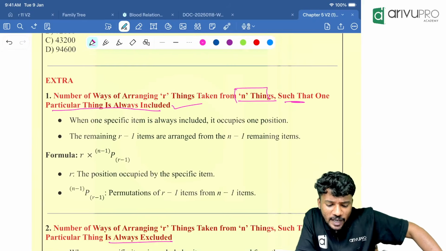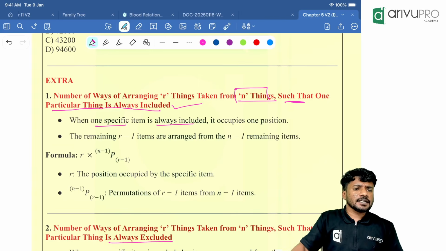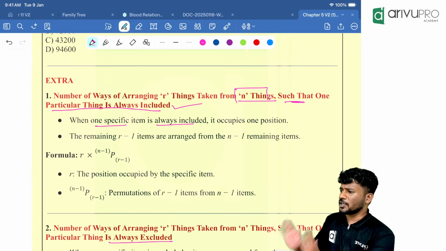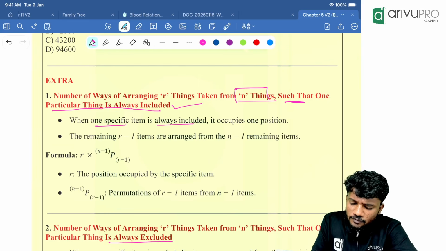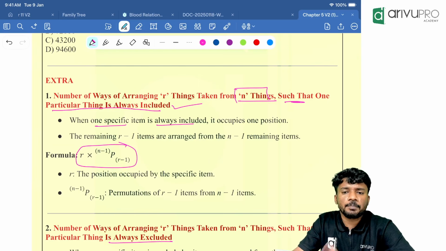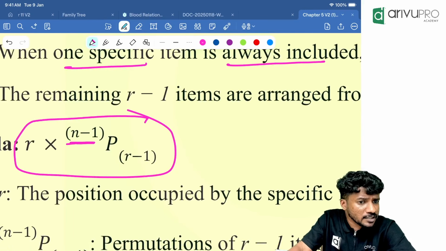Now, when one specific item is always included, what do you mean by that? No matter what, that person is there in the arrangement, that person is selected in the arrangement. Now, the formula will look like this: r into n minus 1 P r minus 1. Do you know why we are taking this n minus 1?